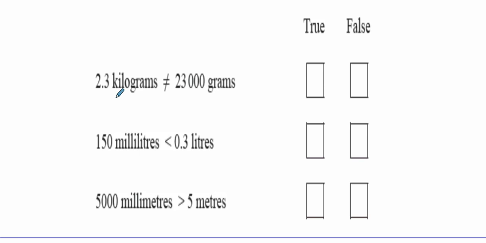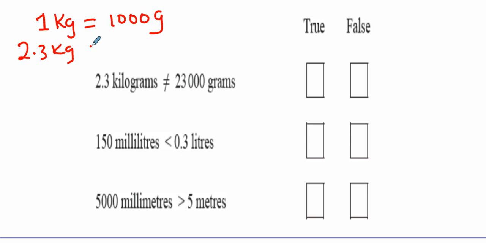So let me convert 2.3 kilograms into grams. The conversion factor is 1 kilogram equals 1,000 grams. What about 2.3 kilograms? Cross multiply: 2.3 times 1,000 divided by 1. In other words, multiply by 1,000.